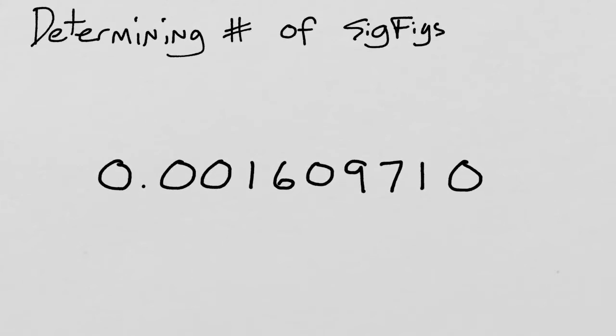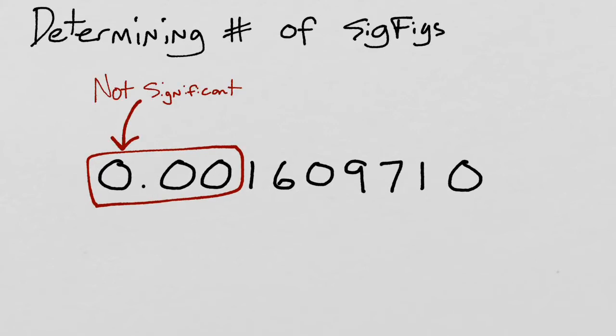Well, first off, none of these leading zeros, and I'm referring to these right here, are significant, because these are placeholder zeros. The first zero just tells us that we have a decimal point, or that we're smaller than 1. And then those next zeros just tell us how far away from the decimal point we are.